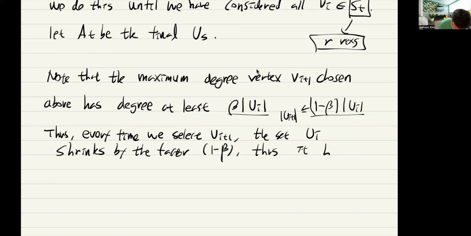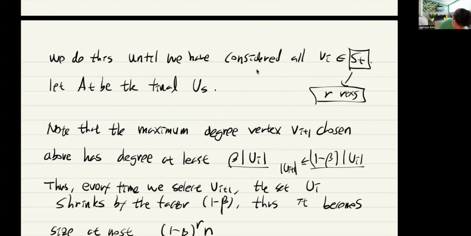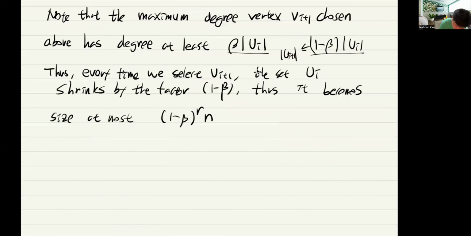Thus it becomes size at most (1 minus beta) to the r times n, because if it happens r times, that's almost e to the minus beta r n.